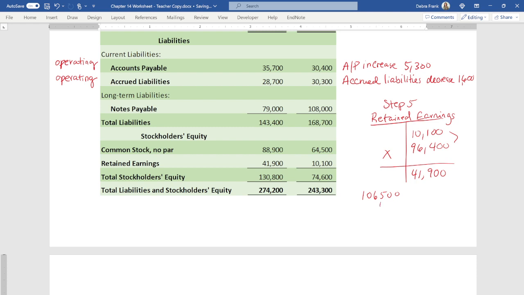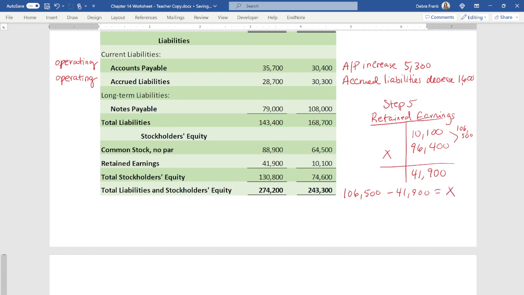And then minus the 41,900 would equal my dividends that were paid out.